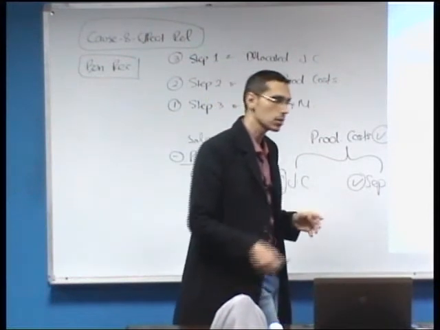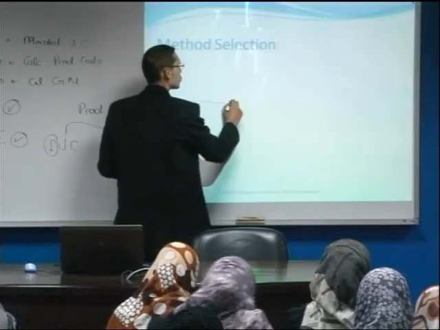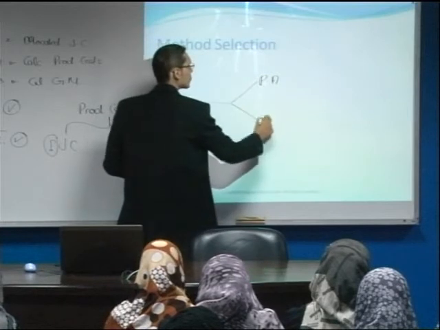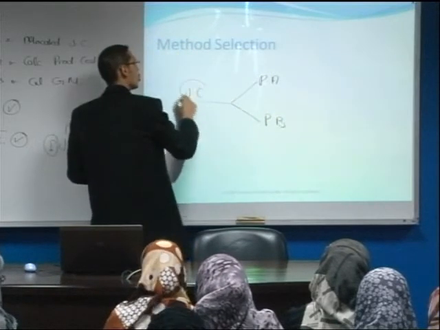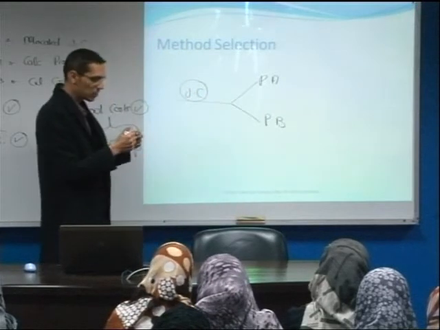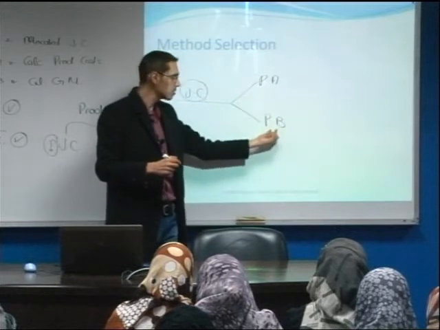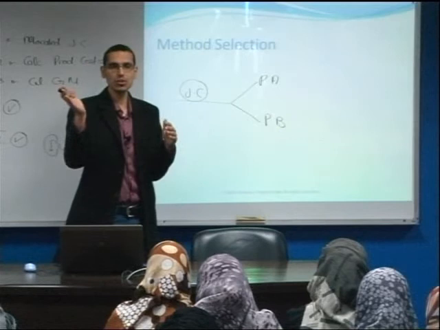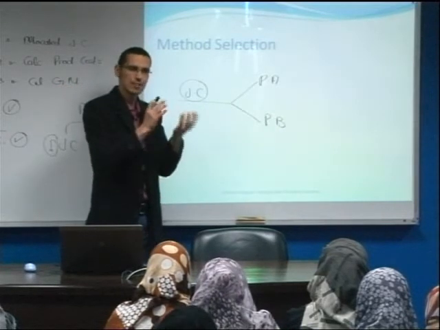Consider the following. We have a joint process that will yield product A and product B, and this is the joint cost. We need to allocate the joint cost onto product A and product B. Therefore, as we took in Cost Accounting 1, in order to allocate these costs, we need to find a cause and effect relationship.